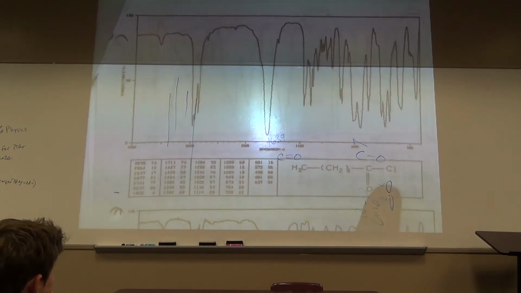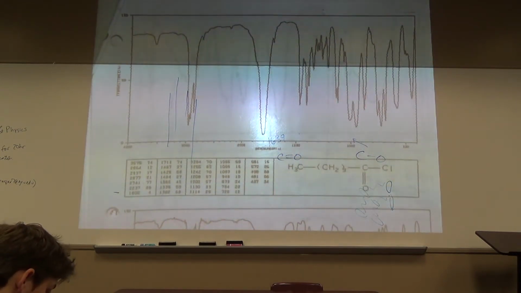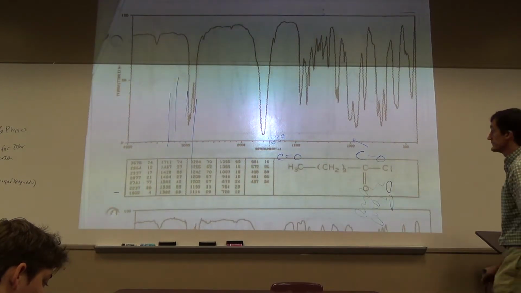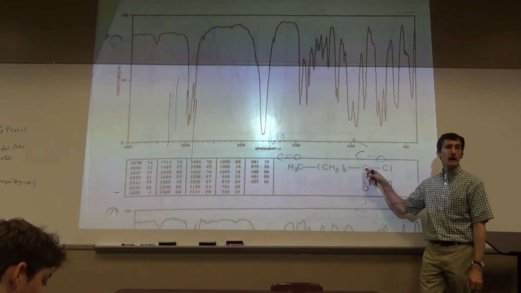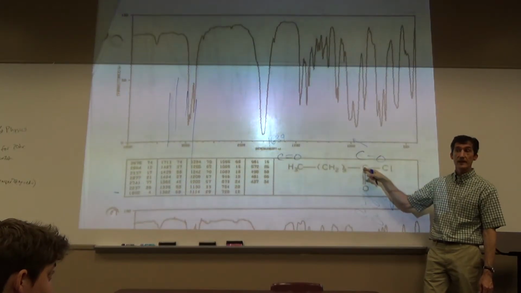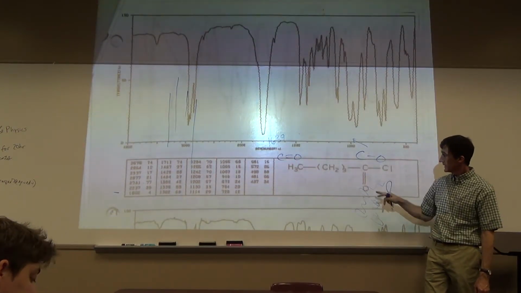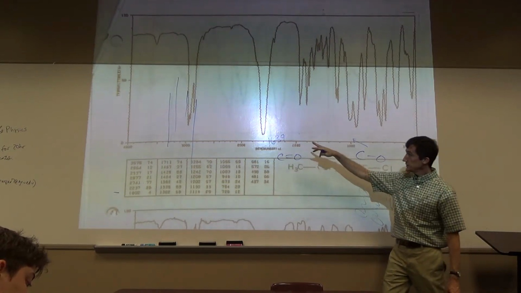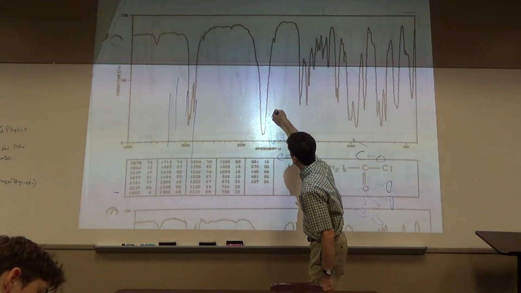Anybody know this functional group? Acid chloride, or known as an acyl chloride. Got a carbonyl. Here it is. What do you notice about the position, though?